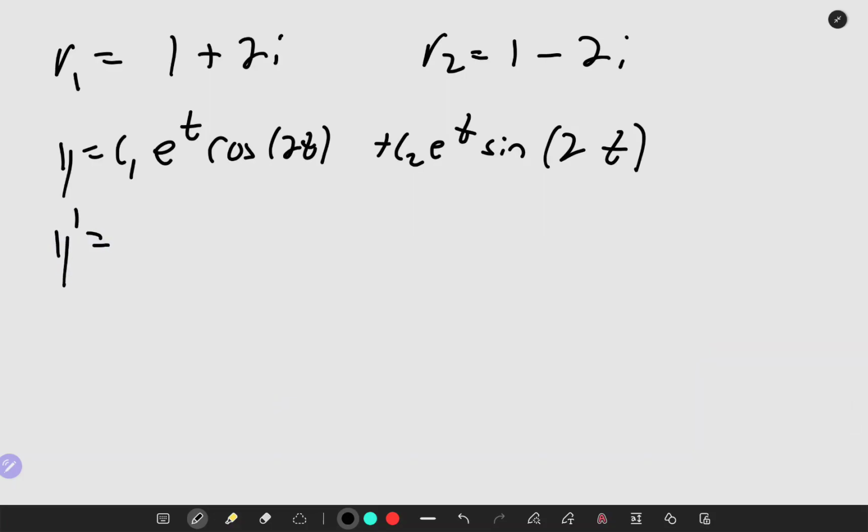Well, y prime would be, oh boy. This is where the algebra gets a little long. So we have, okay.